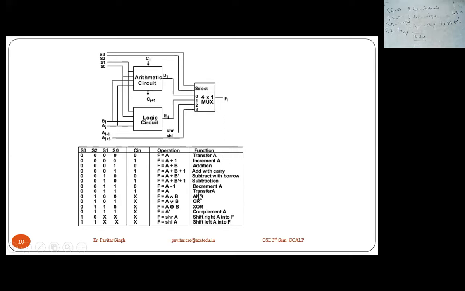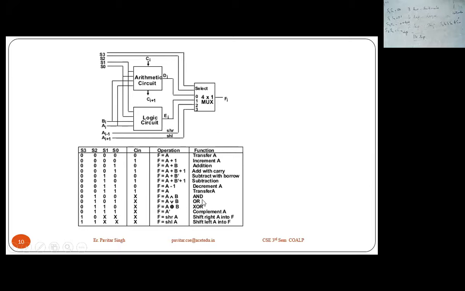These 8 operations are arithmetic operations, and you can see that the value of S3 and S2 is written as 0, 0 for all of them. The first 8 values are zeros, right? I hope the concept is clear.